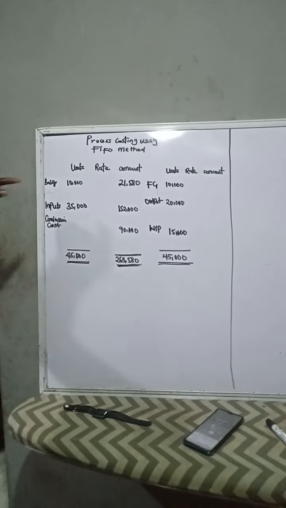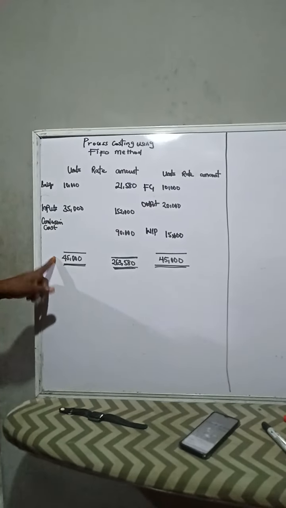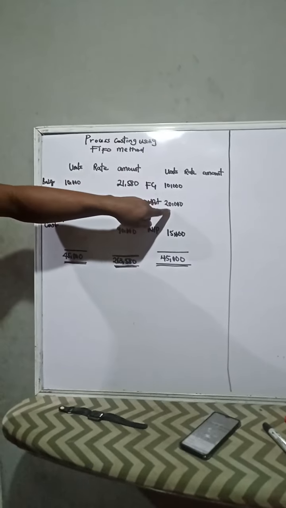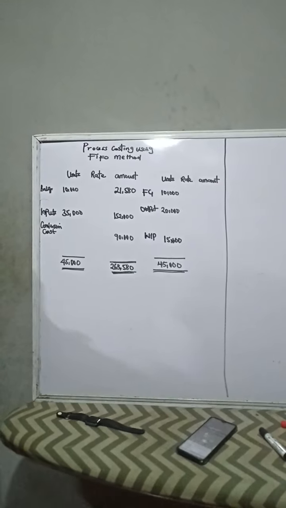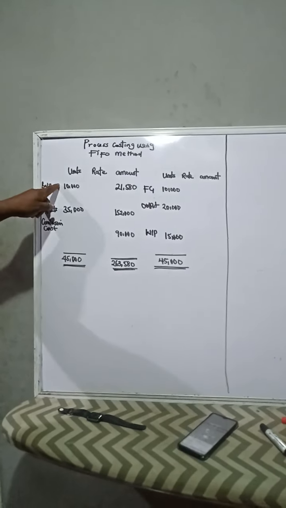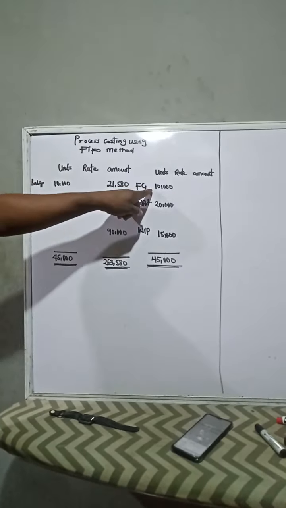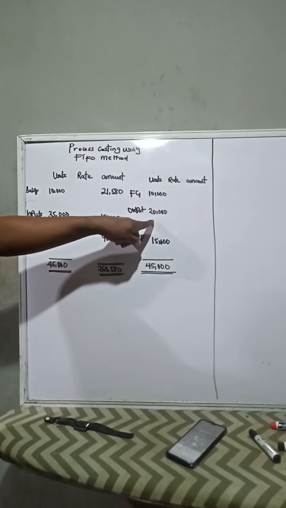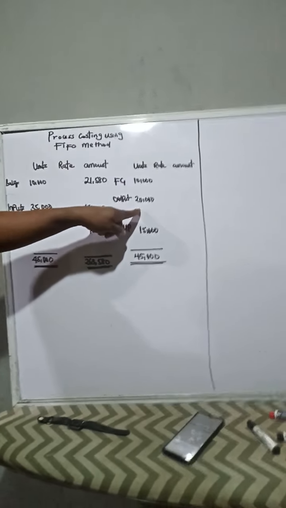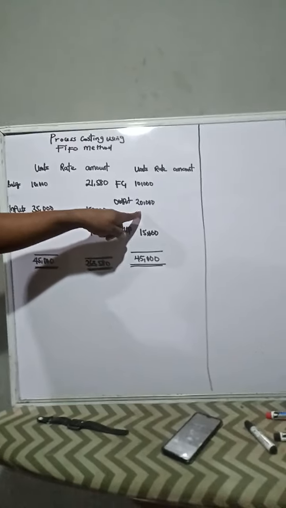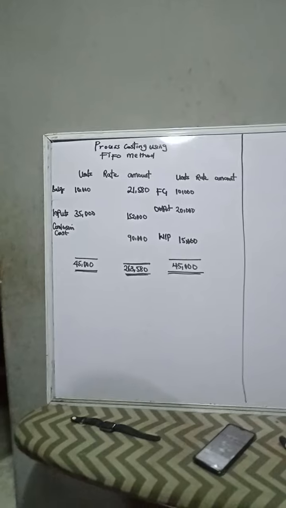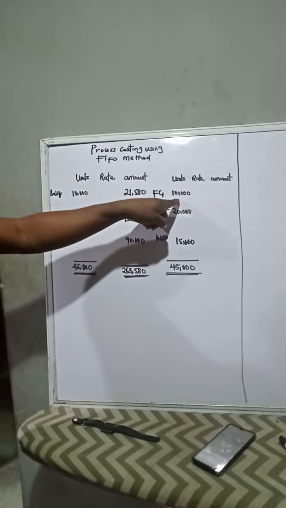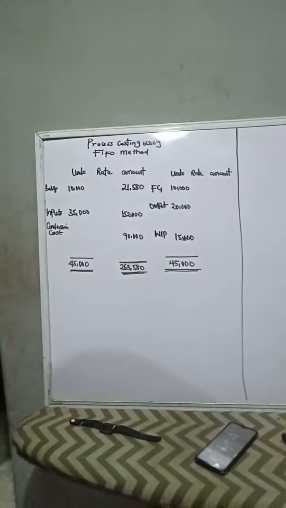Do you see it now? I've balanced the unit column. This is 10, 35, this is 45. This is 10, this is 20, that's 30 plus 15. So I've balanced the units. That's the first change. This opening balance will become finished goods. Then the 20,000, if you remember the last question we did, we had output of 30,000 or so. So you can see now it has been reduced to 20,000 because of these 10,000 units.